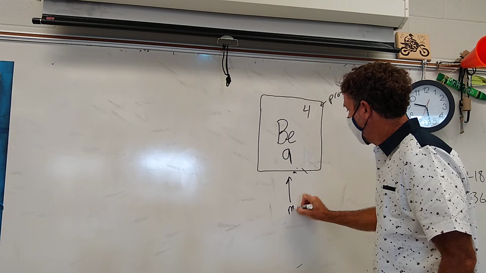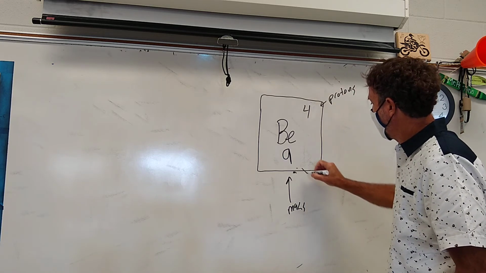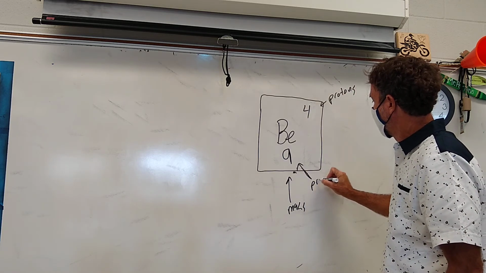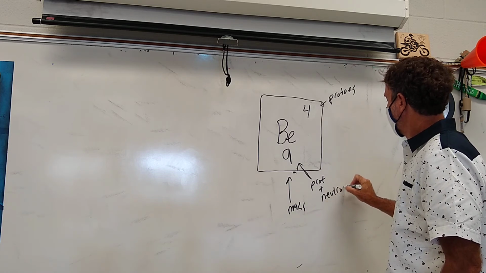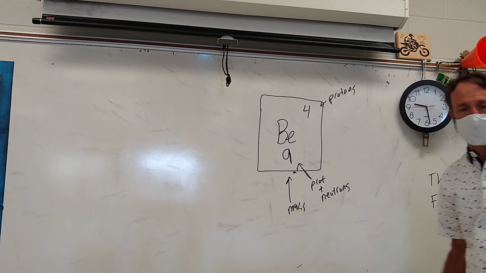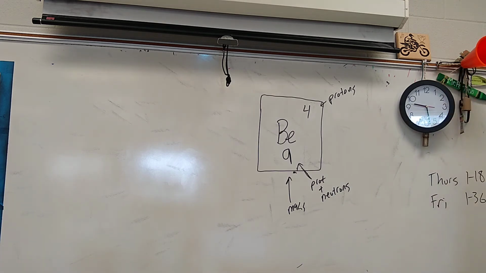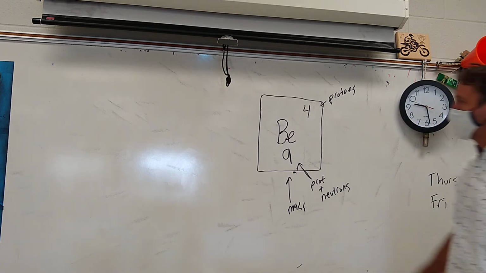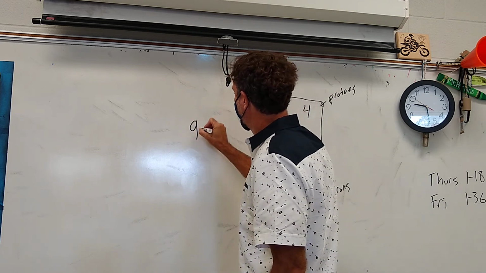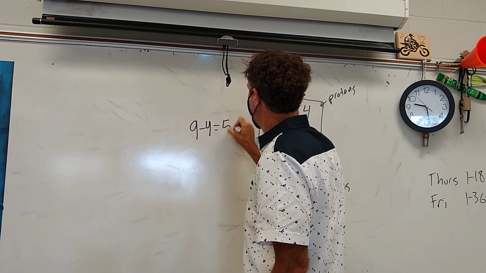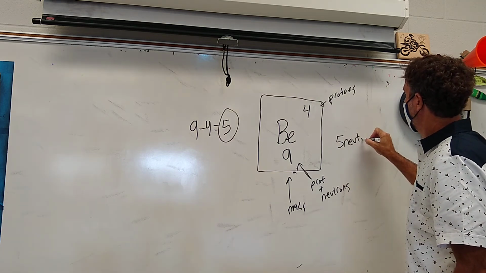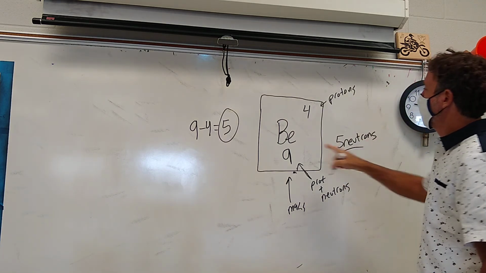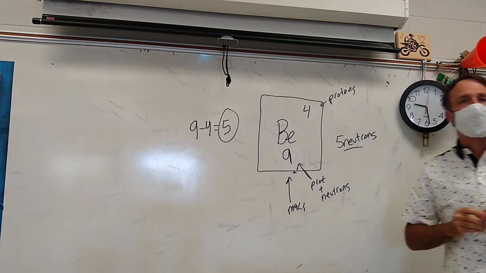So that means 9 is the number of protons plus neutrons. So if we wanted to know how many neutrons were in an atom of beryllium, then we would say 9 minus 4 equals 5. There are 5 neutrons in this particular atom of beryllium. Does that make sense?